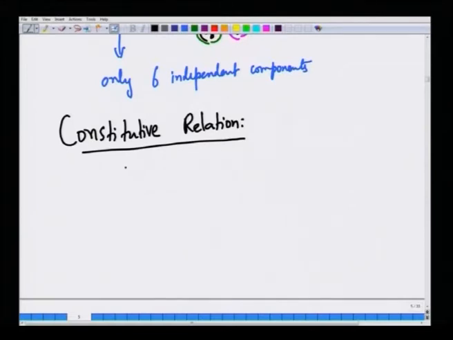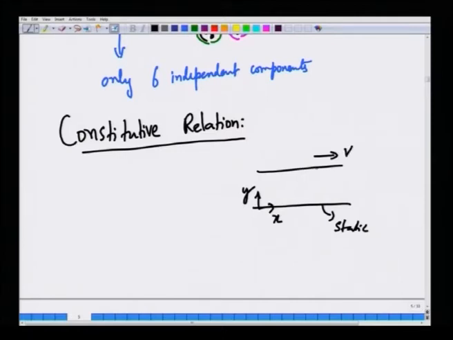Now, firstly, let us take a very simple system, that is, flow is happening between 2 plates, okay, x and y. Bottom plate is stationary, static, top plate moves with the velocity v. Okay. So, you will have a velocity that looks like this, okay, in between the 2 plates.